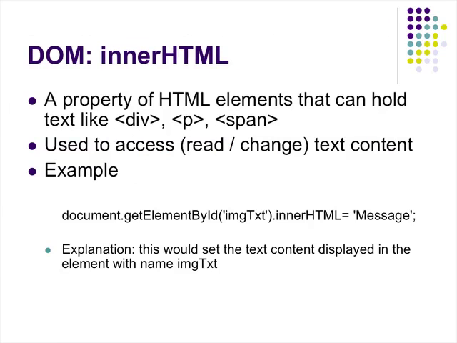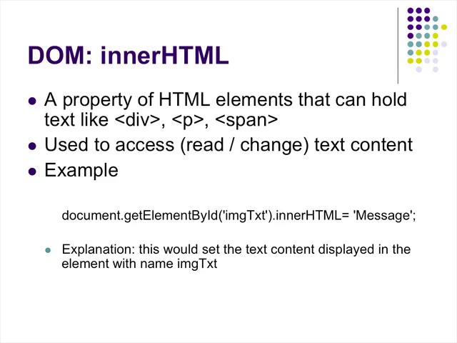Let's look at one of the other things that we might do. There's a really useful property attached to HTML tags, which is called innerHTML. And this is a property of elements that can hold text or HTML, things like div or p or span.